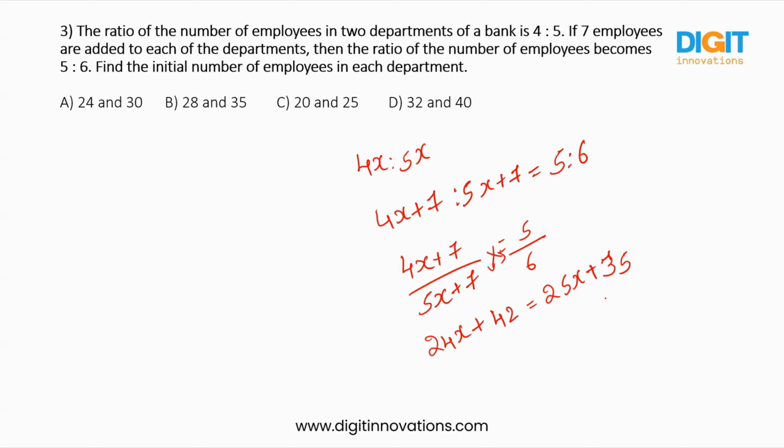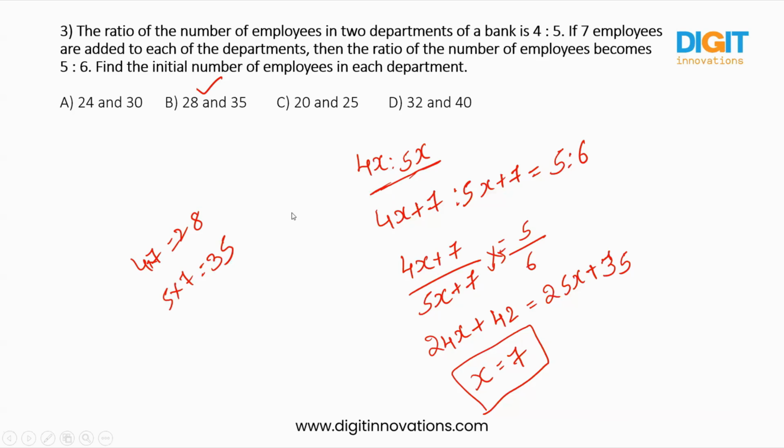I'm taking this value to this side, so now I'll get x equal to 7. They're asking to find the initial number of employees in each department. Initial means starting. What is the ratio at the start? It is this one. So 4 sevens are 28 and 5 sevens are 35. So option B is the answer.